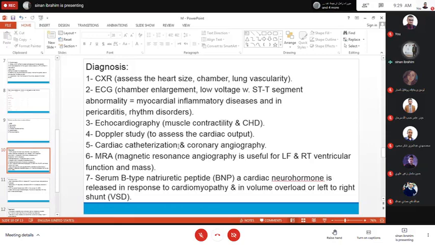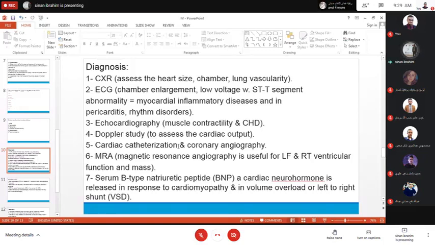And we see many cases like anomalies in the coronaries. We do not enter into details of it. We have many anomalies of the coronaries that may cause ischemia and heart failure in infancy and early age group.